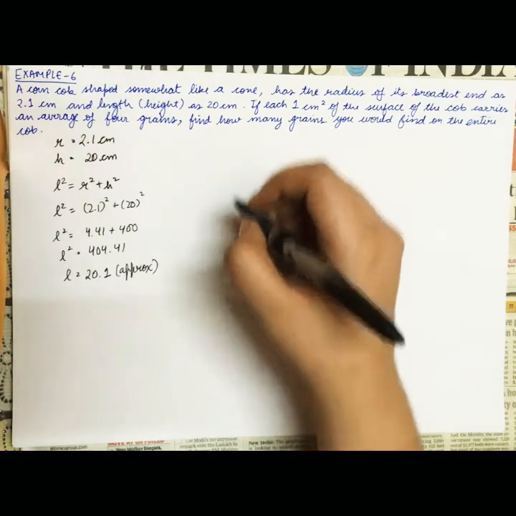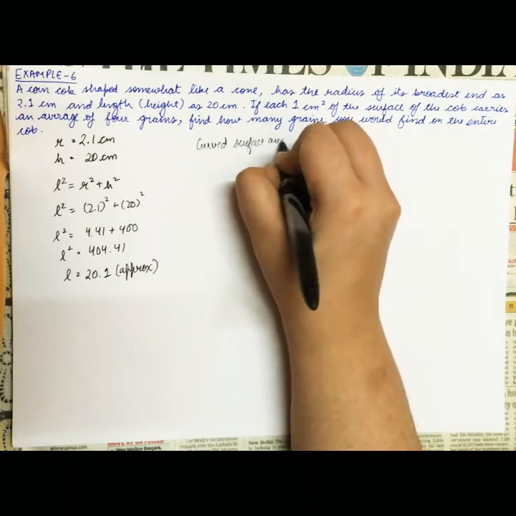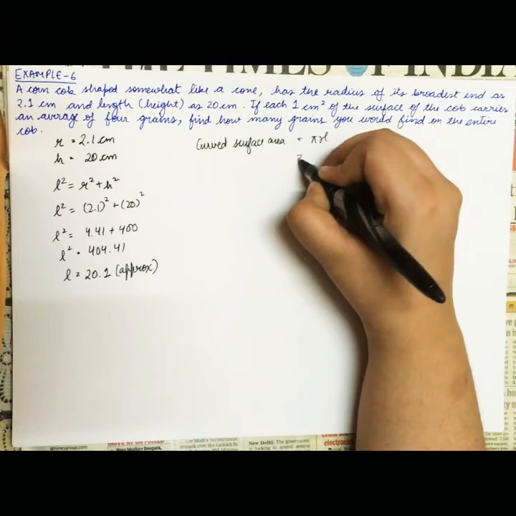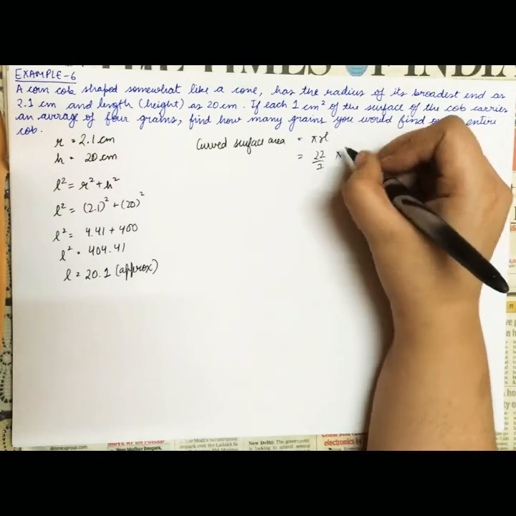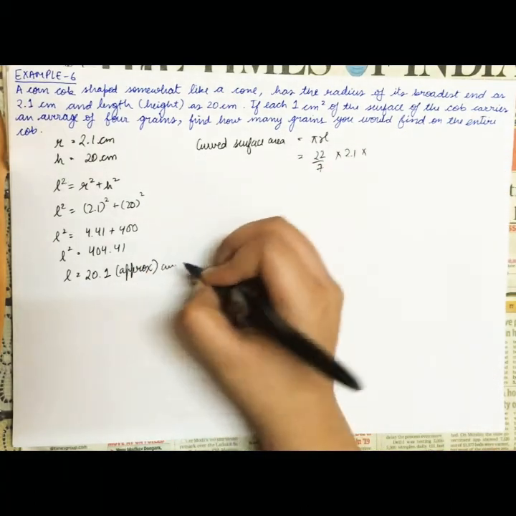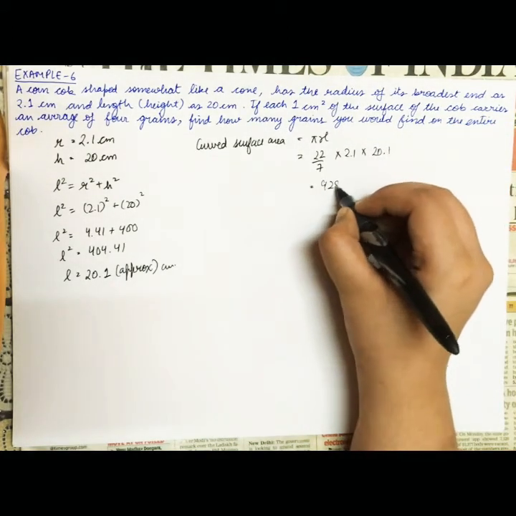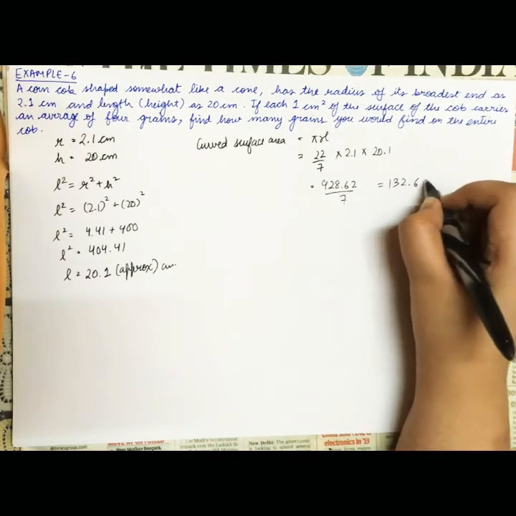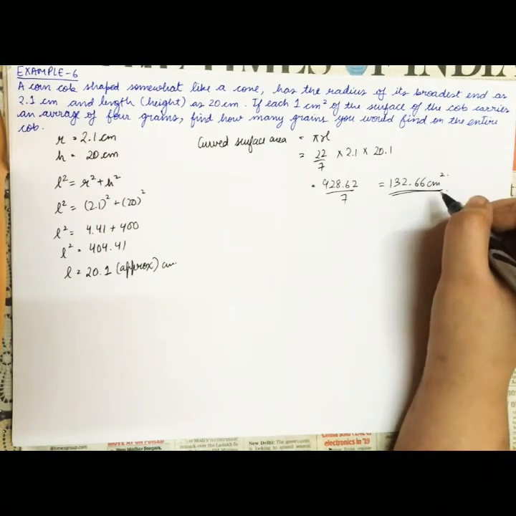Now curved surface area of the corn cob is equal to pi r L. Now we'll put the values that are 22 by 7, radius is 2.1 and L is 20.1 centimeter, which is equal to 928.62 upon 7, which is equal to 132.66 centimeter square, which is the curved surface area of the corn cob.